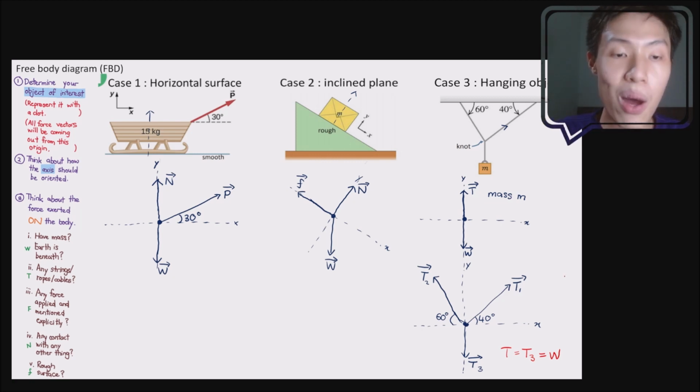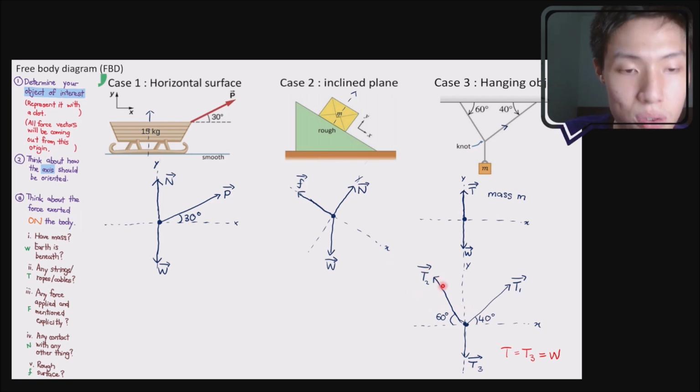Okay, so this is how we relate the two free body diagrams together to know that actually this T3 here can be replaced by W. After using Newton's third law and Newton's first law, and coming to this conclusion, we can also choose to not write T3. It's not a must, and you can choose to write W straight away.